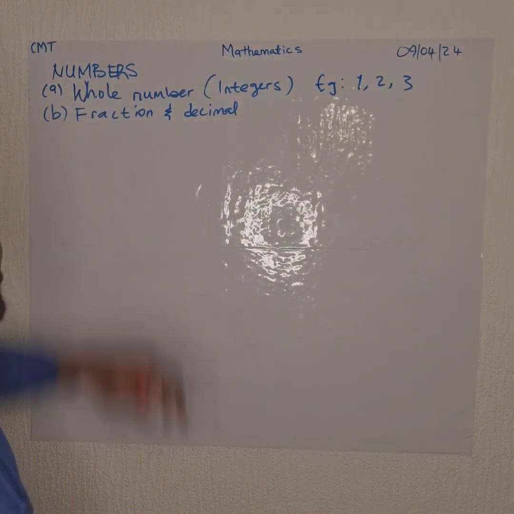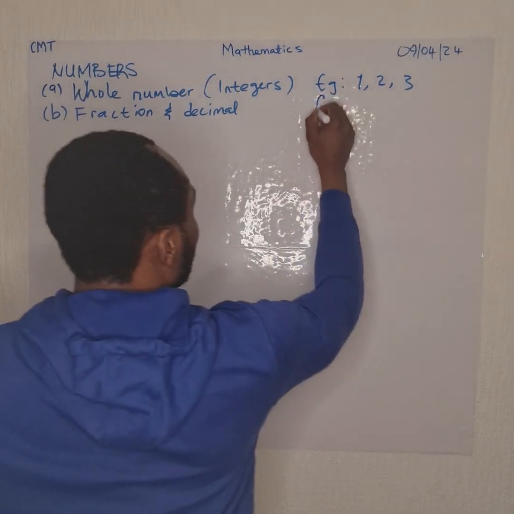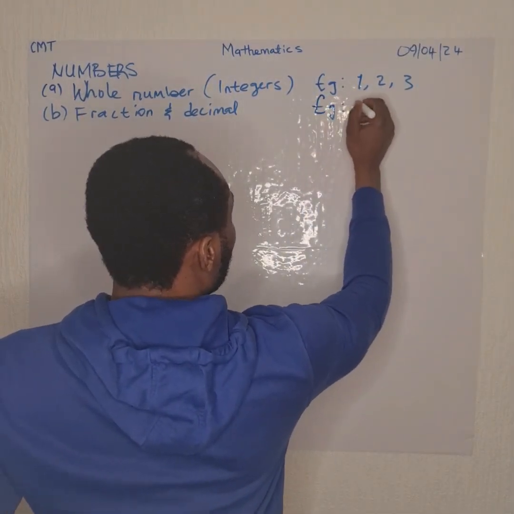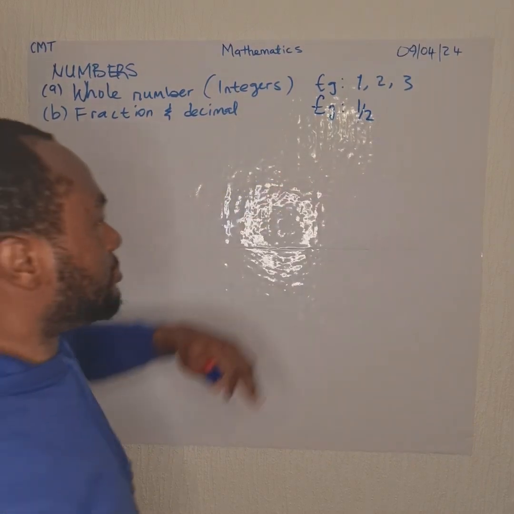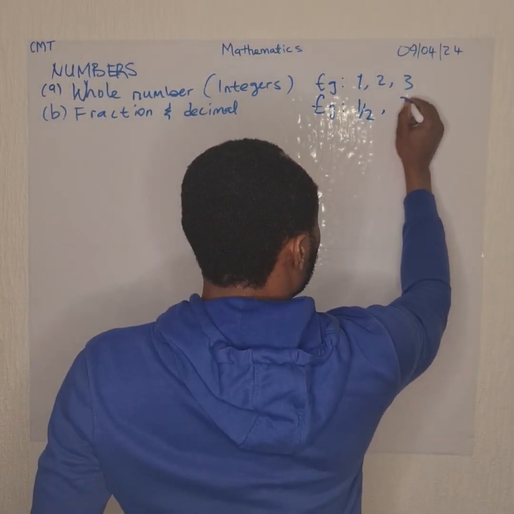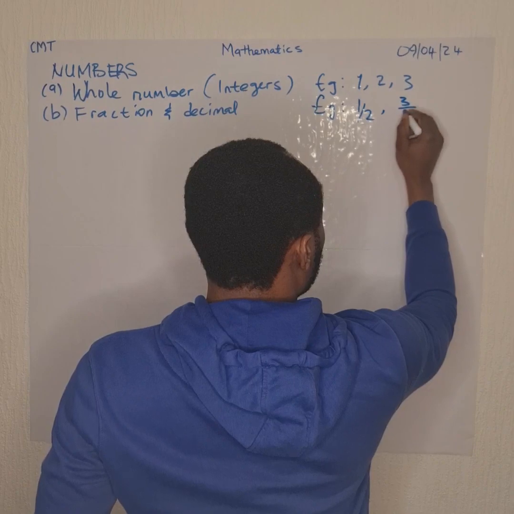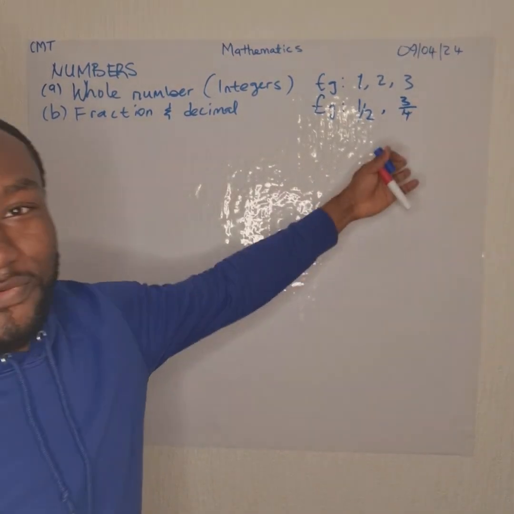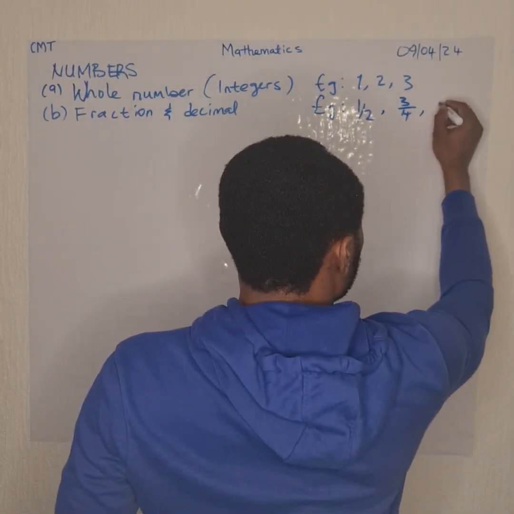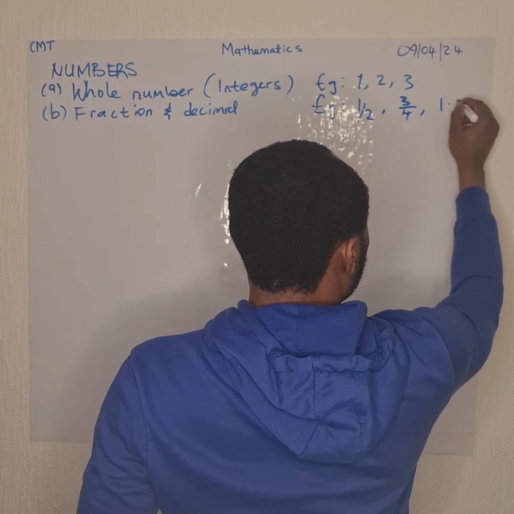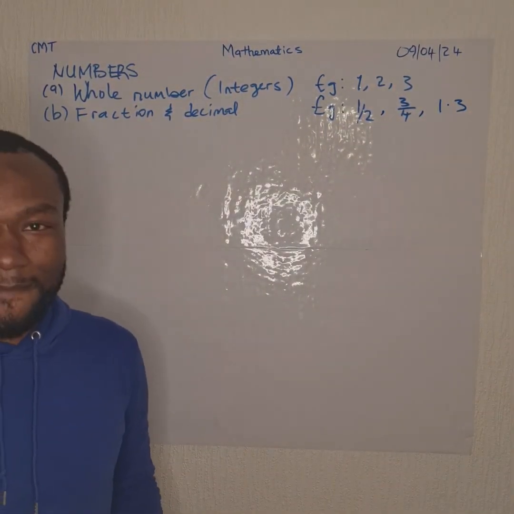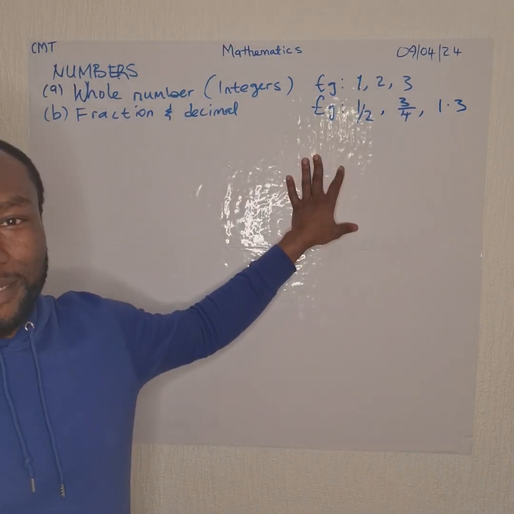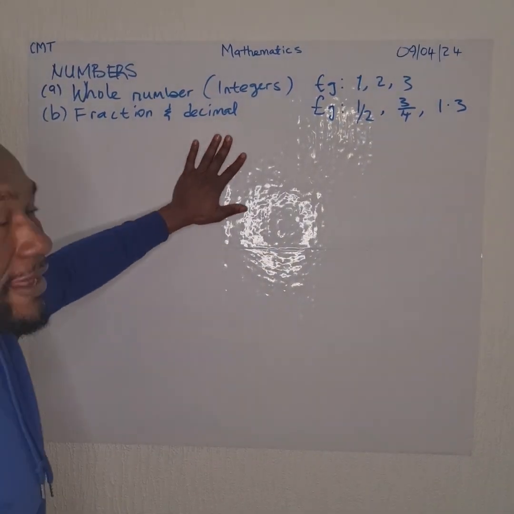Whereas fraction and decimal, for example, 1/2, that's a fraction. 3/4, that's a fraction. 1/3, that's a decimal. I hope it's clear.